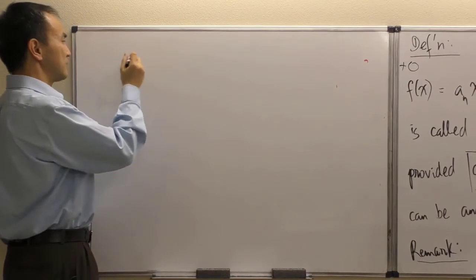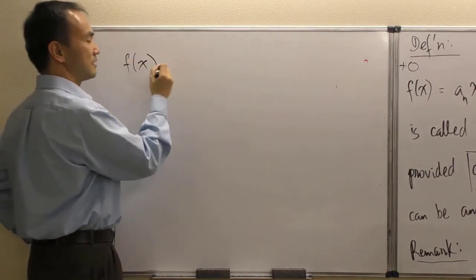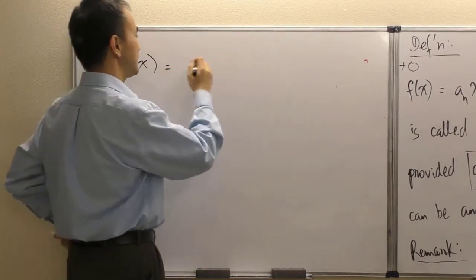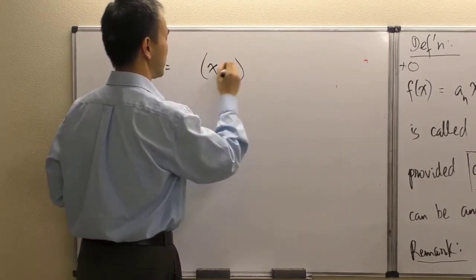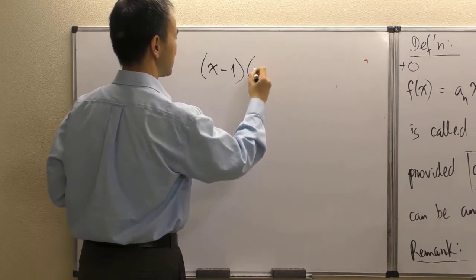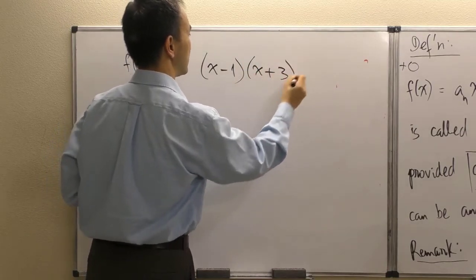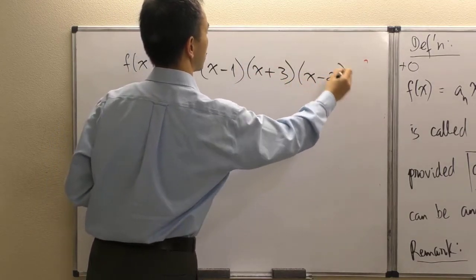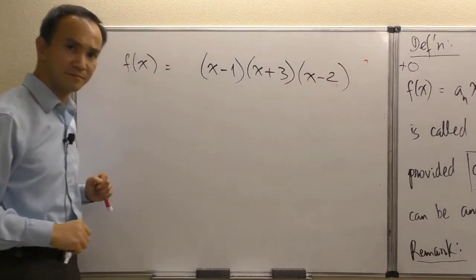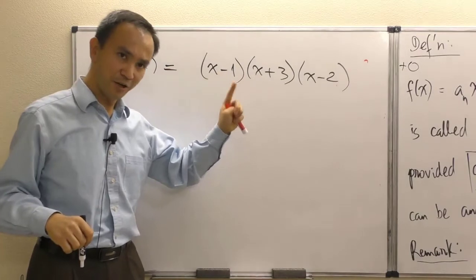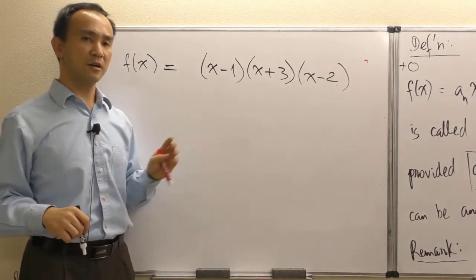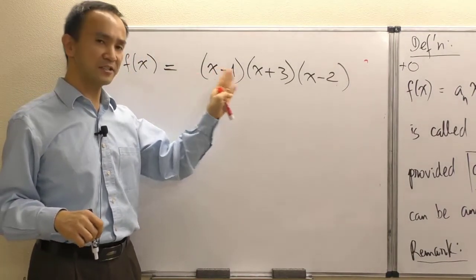Just think about it, something like this. f of x equals x minus 1 times x plus 3 times x minus 2. Now it's a polynomial, and it's given in factor form.